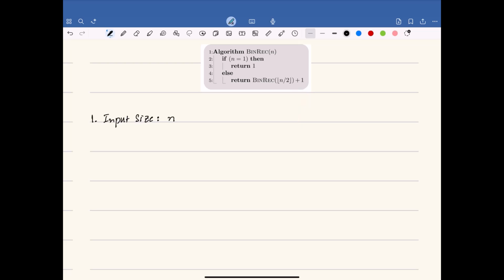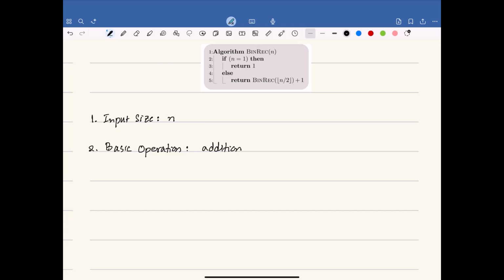Among these, addition has the highest execution time. Therefore, we select it as the basic operation, and this will be step 2. So step 2, the basic operation is the addition operation.